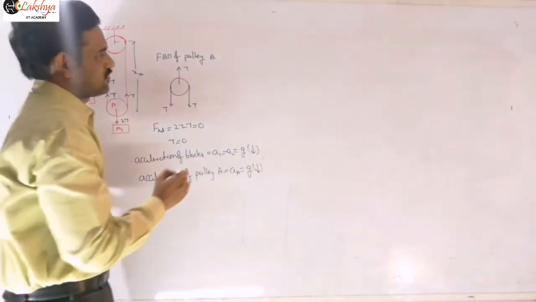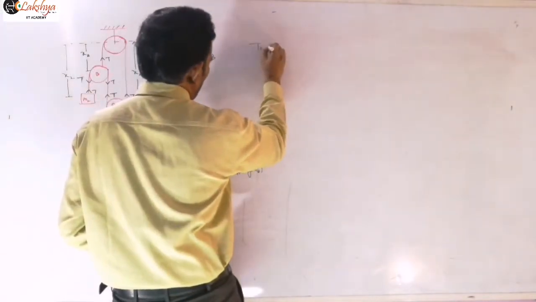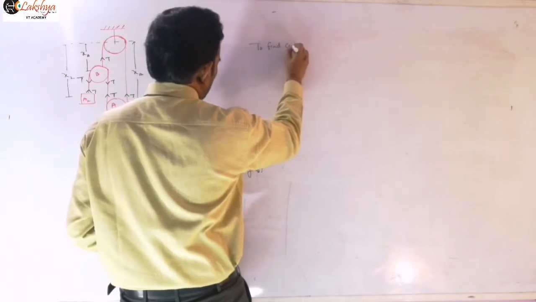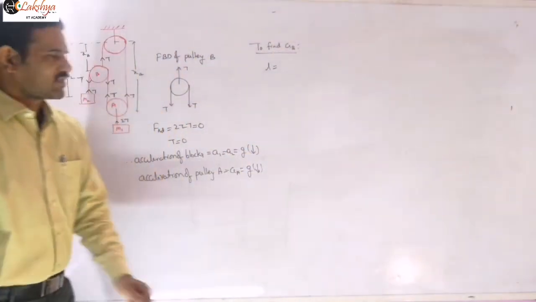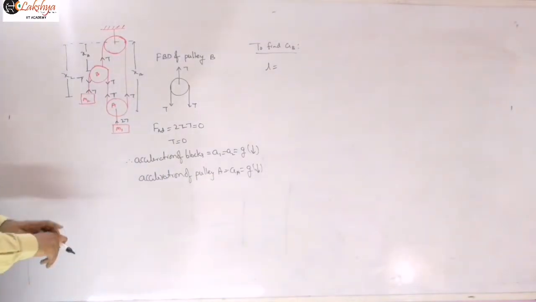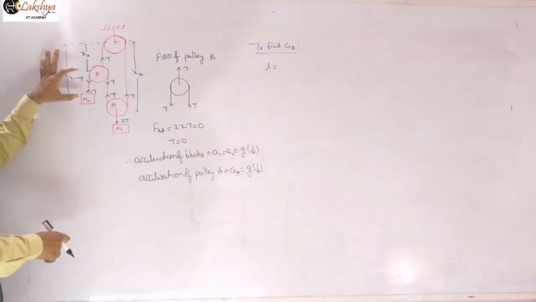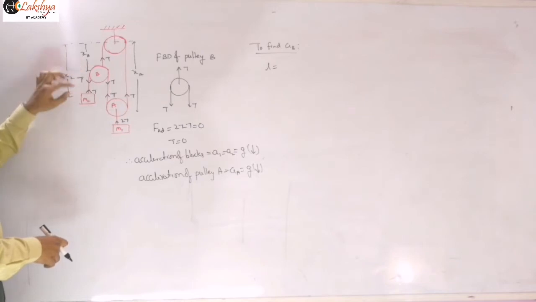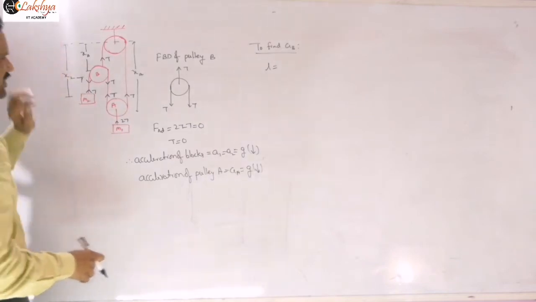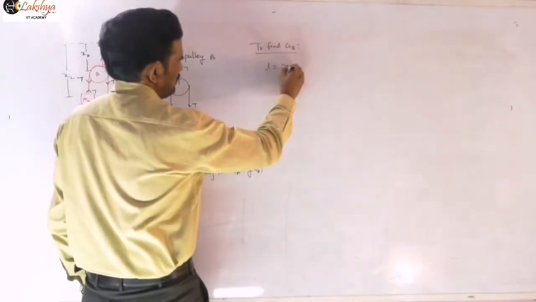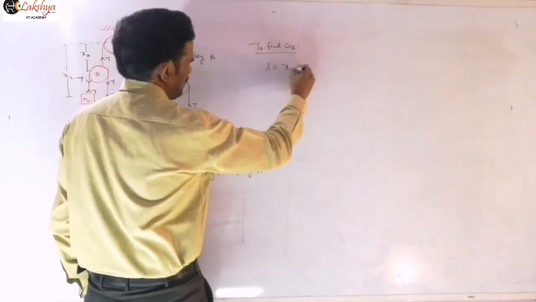Now let us write the length of the string. This is to find acceleration of B. Again I am writing this length of the string here. So let us start from this end here. This length you need to write here. Length of the string means X2 minus XB.